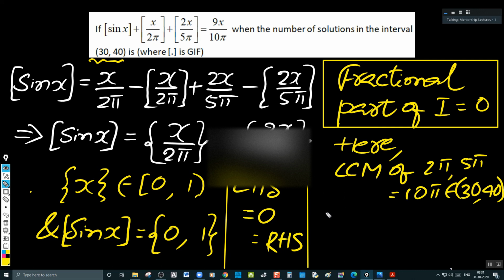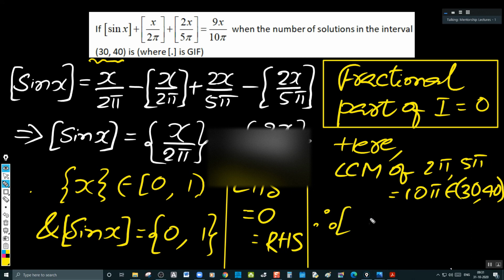Therefore, at 10 pi, sine 10 pi, I'll write it like this so that you'll better understand it. टाइम हो गया यार, बहुत डिस्कस करना था.